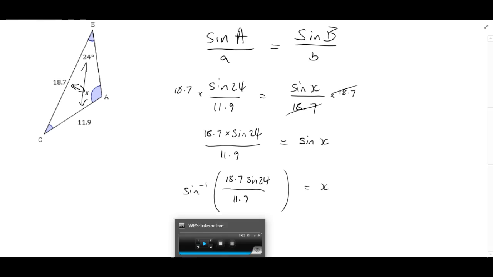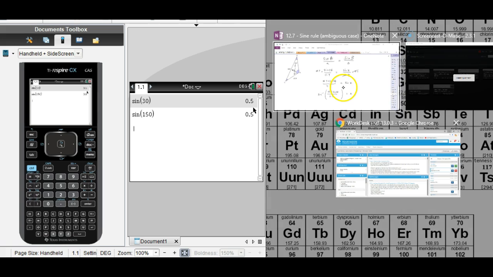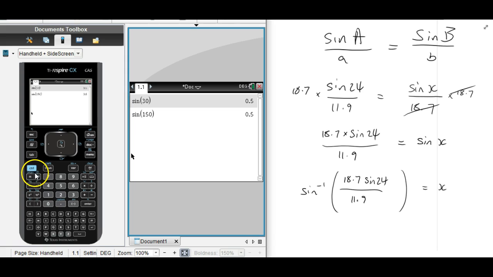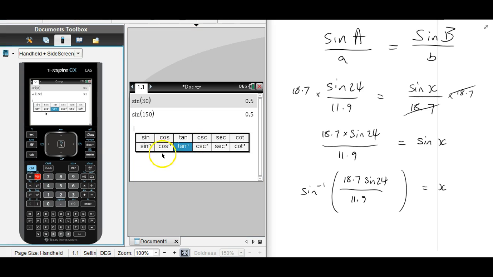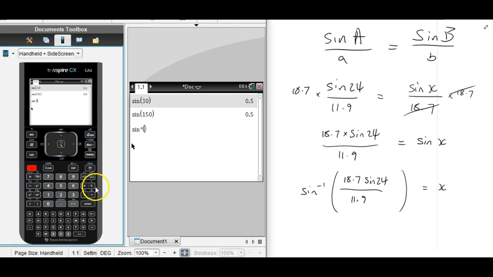Now if we type that in the calculator, we'll check whether we get the acute or the obtuse angle. So we've got inverse sine of, and then press Control divide, 18.7 times sine 24 over 11.9.